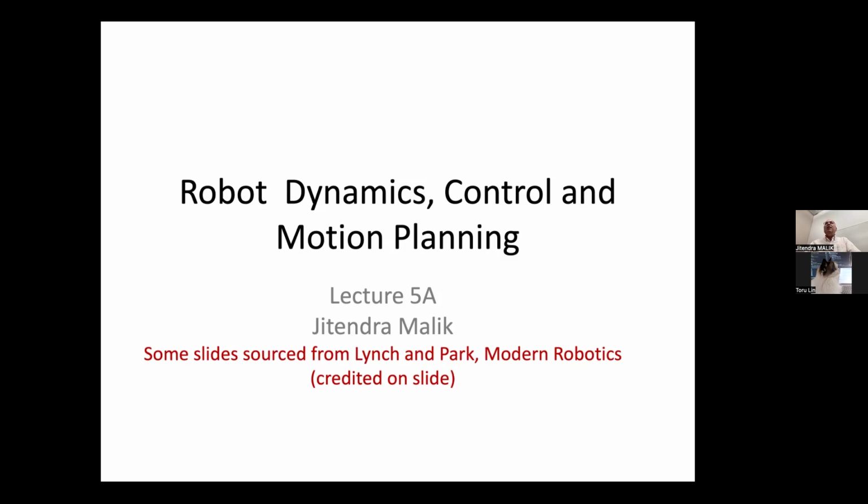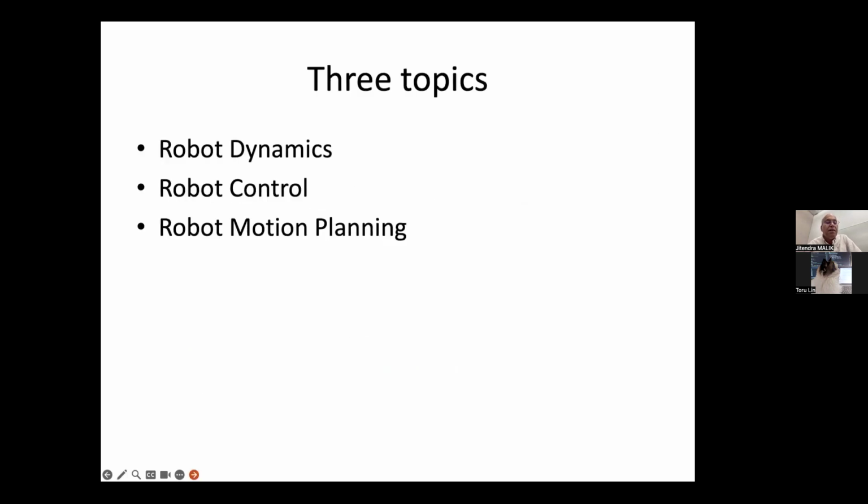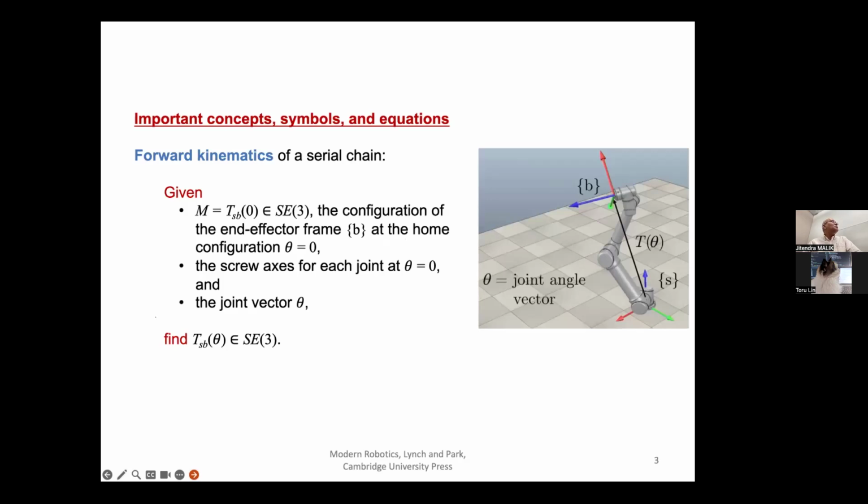People who have taken a full-fledged classical robotics class should know all this. Others may not, but I think I need to do a review to bring everybody up to the same place. So the three topics are robot dynamics, robot control, robot motion planning. Very straightforward. Let's start with dynamics.